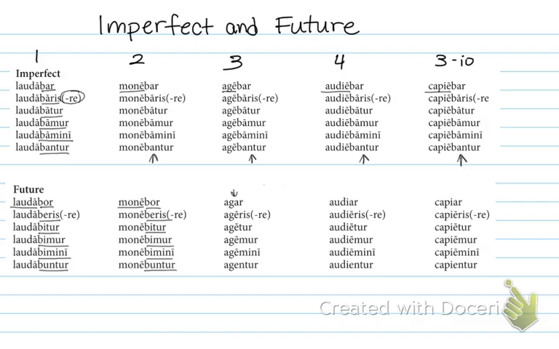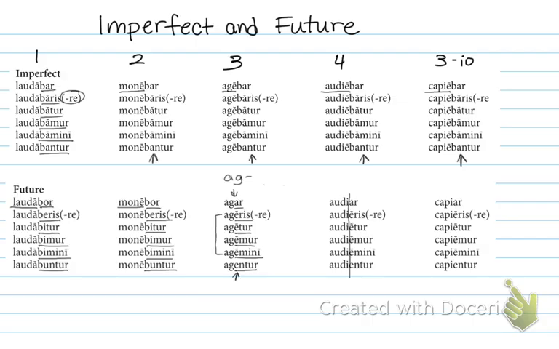So in the third, you'll see the short A for the first person singular, future passive. And then you'll see long E's for the next four, and then the short E in the third plural. The stem you're building off of is ag-. So ag plus -ar, -eris, -etur, -emur, -emini, -entur.